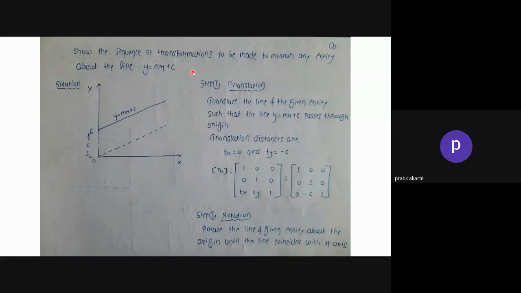So for that we have to make the necessary transformation, like translation, to be in a position to carry out this reflection or scaling. That's why we do all this. This is one important concept for solving this kind of problem.